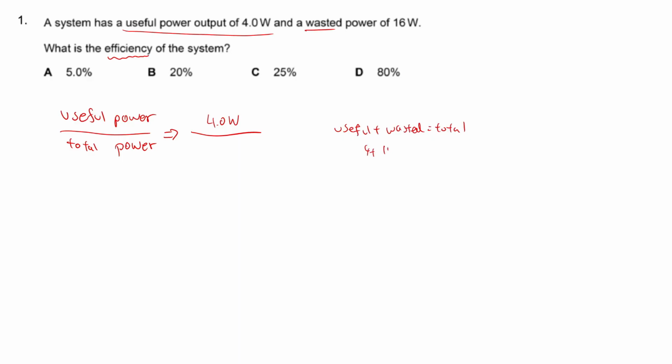So it's 4 plus 16 equals 20 watts. So then our 20 watts is our total power. And then this is the efficiency, so this is equal to 20%, which is B.